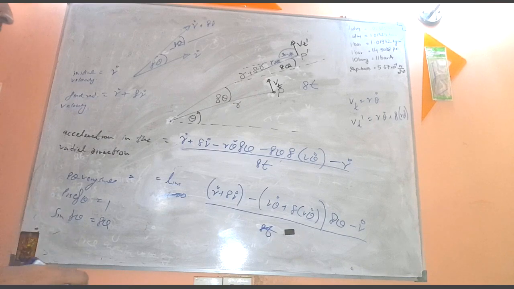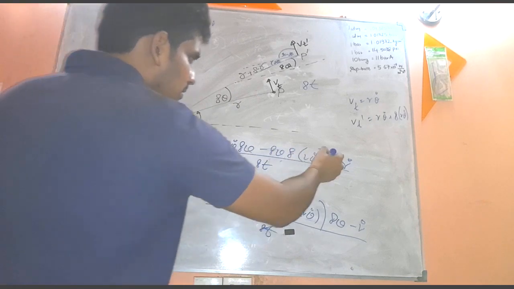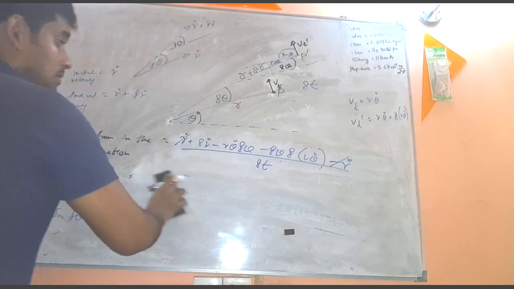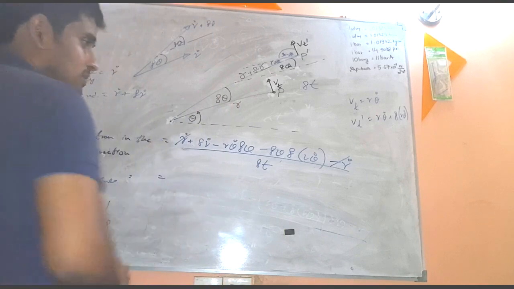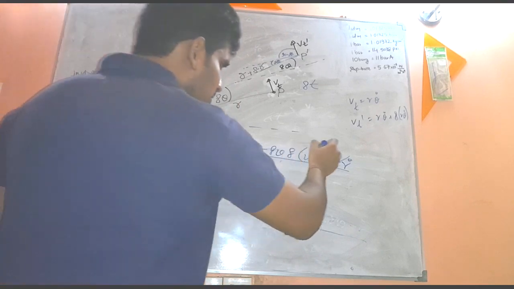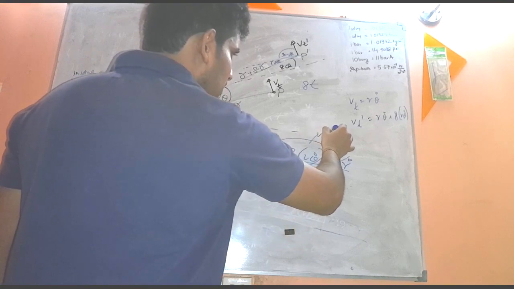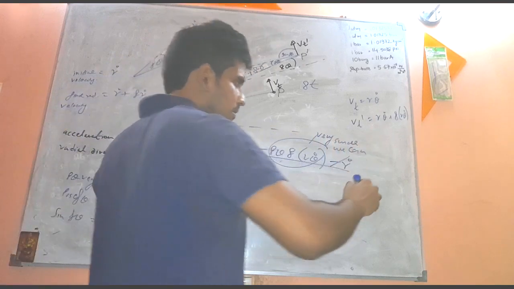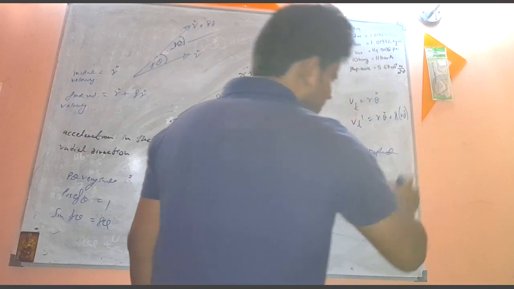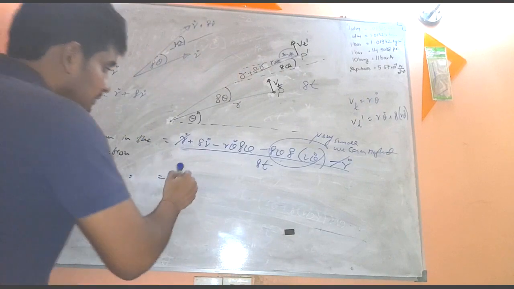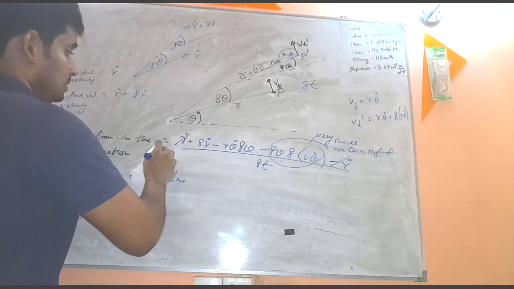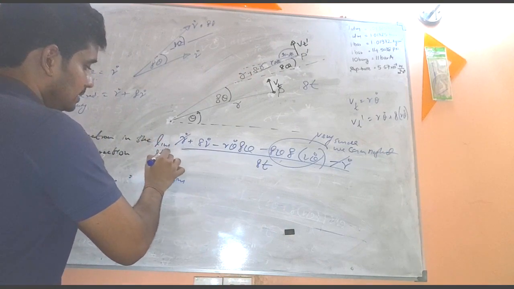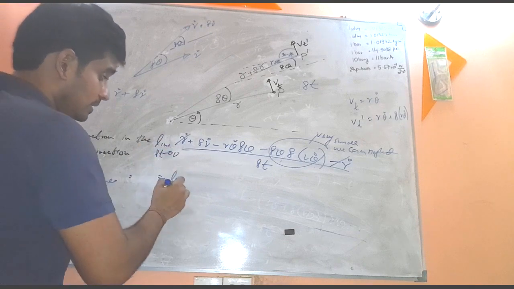Now this r dot you can cancel. When compared to the other components, this term is very small, so we can neglect that. Every time we have to put this limit delta t tends to 0, don't forget.